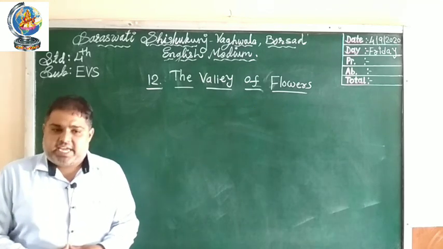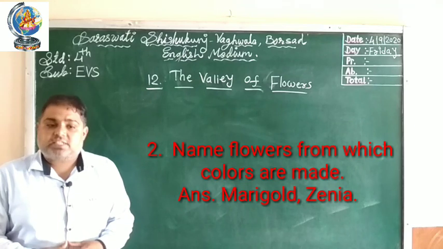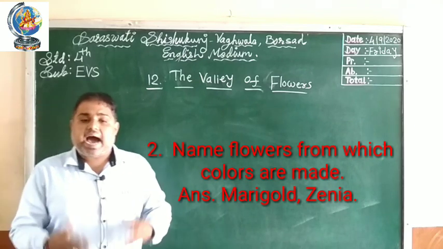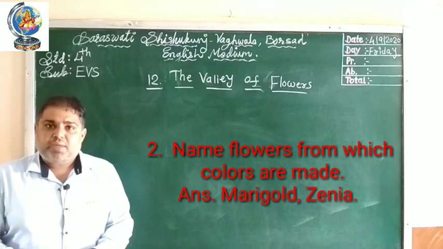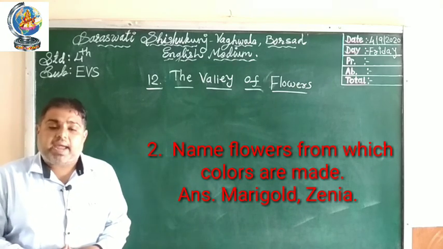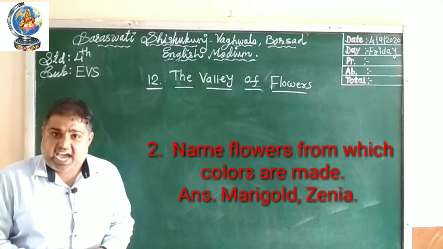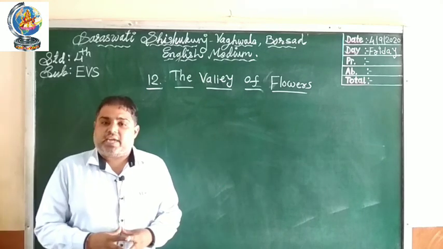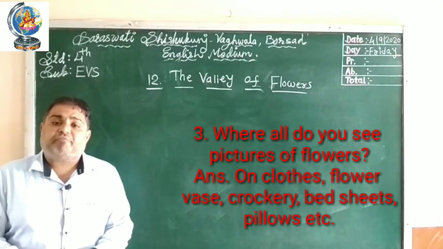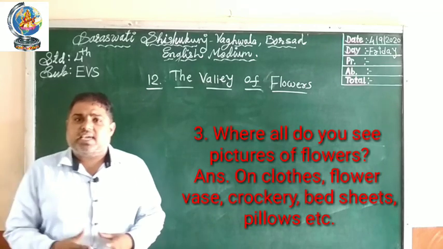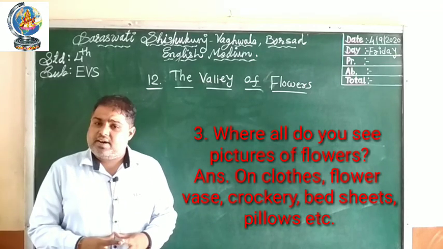Our next question is, name the flowers from which colors are made. So the colors are made from flowers like marigold and zinnia. Then the next question is, where all do you see pictures of flowers? Where do we see different pictures of flowers?